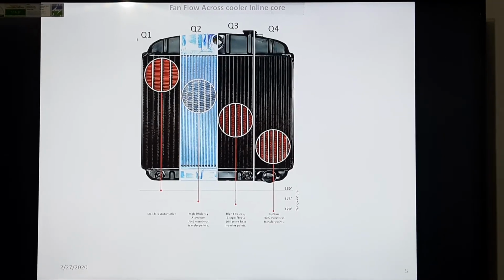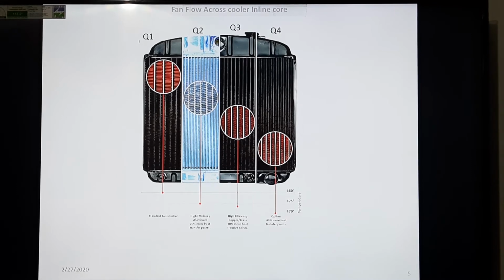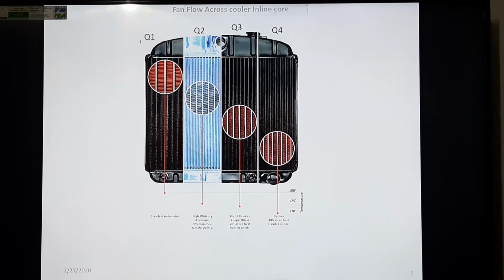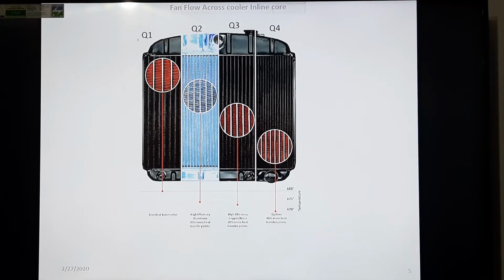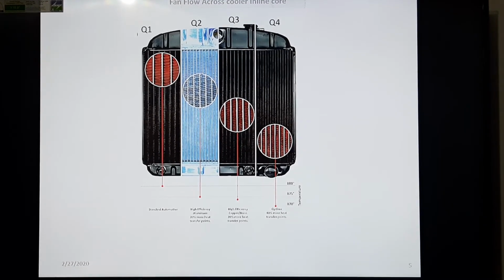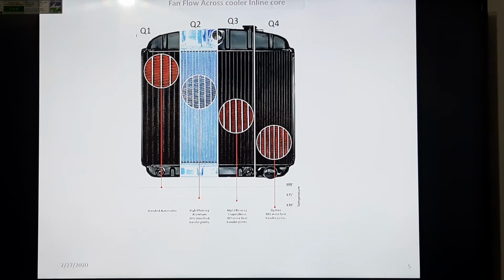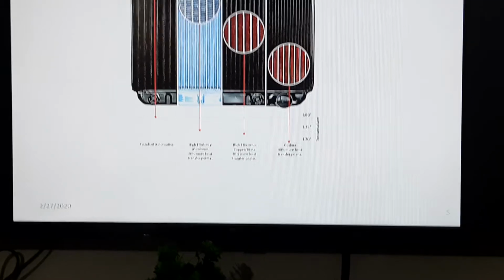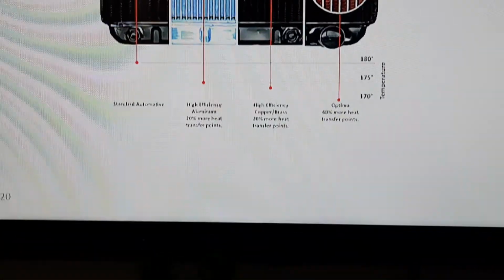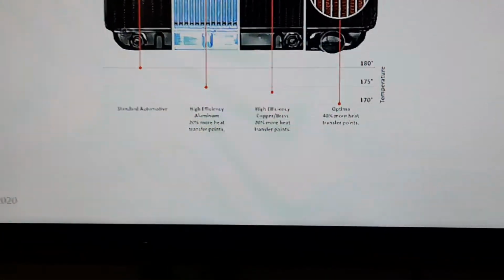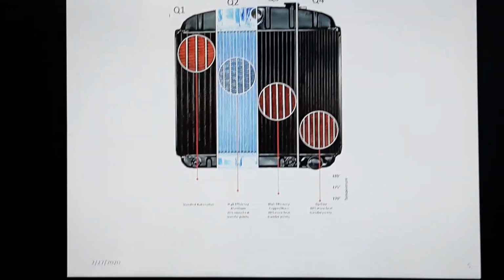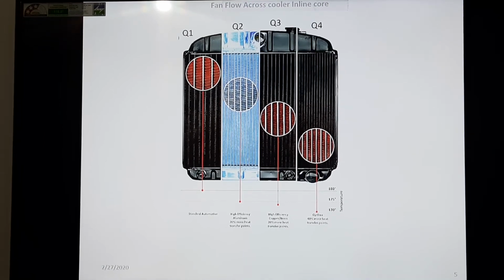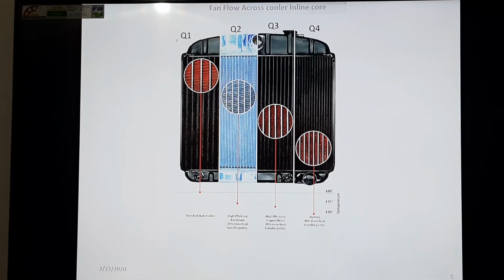There are lots of types of coolers available in the market. Sometimes it is an inline cooler, sometimes it is a staggered cooler. An inline cooler is nothing but placing the radiator, transmission oil cooler, charge air cooler, and every type of cooler inline in the system. Suppose your airflow is Q across the fan, then Q1, Q2, Q3, Q4 will divide accordingly across the inline coolers based on your restriction.